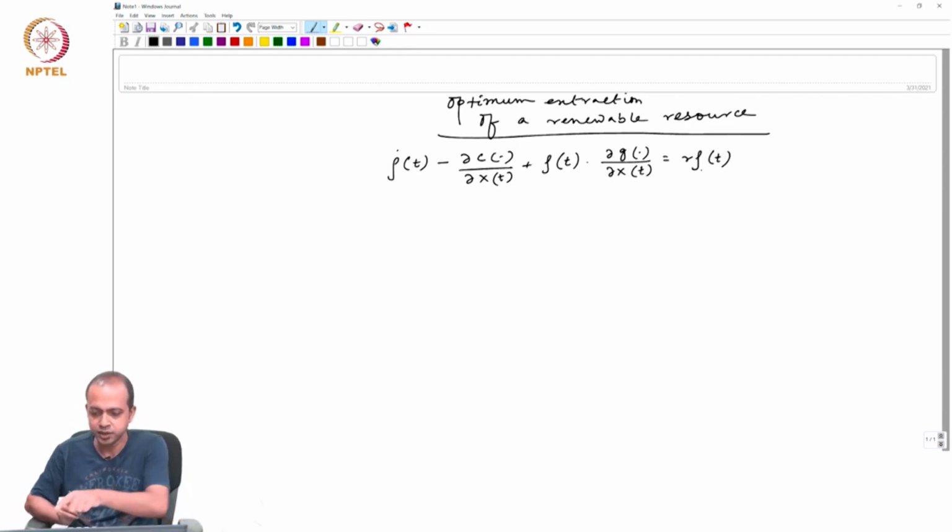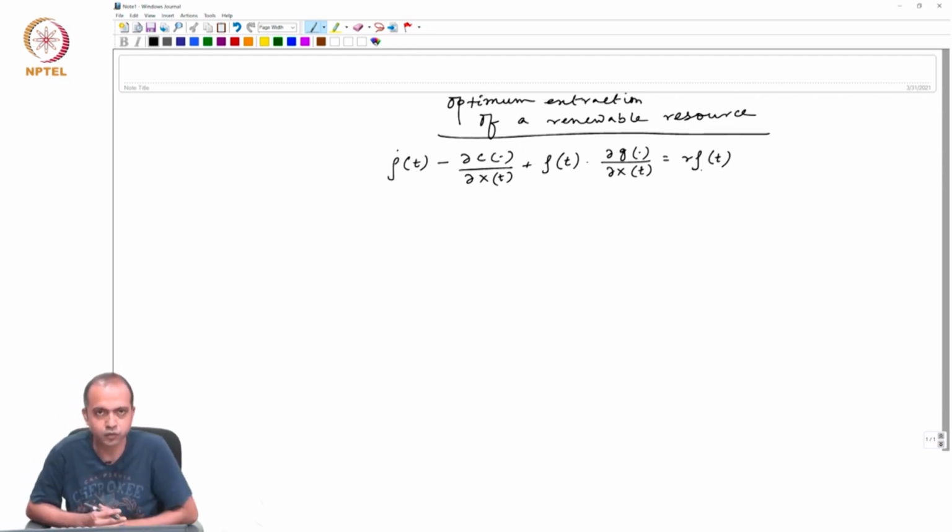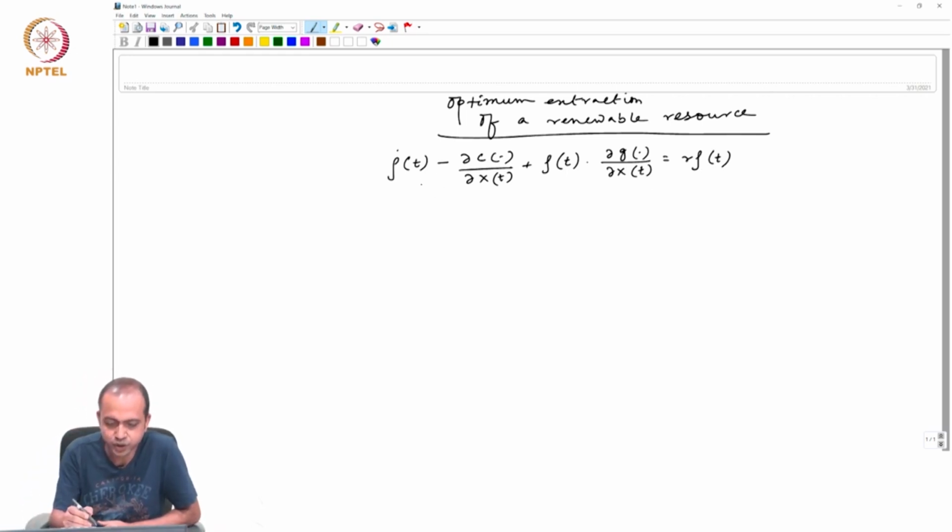And we said that this r into rho t is basically the total benefit for preserving the resource for tomorrow, and it has several components. The first component, rho dot t, is basically the capital gain. Then del c dot del x t is the stock effect on the cost of extraction, and the third component is the benefit due to biological growth.